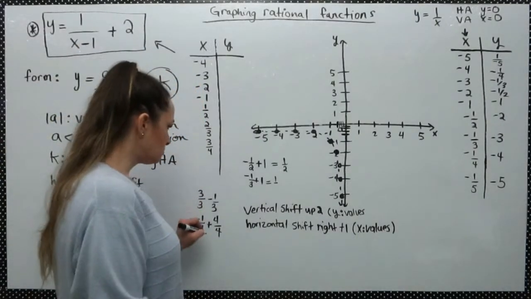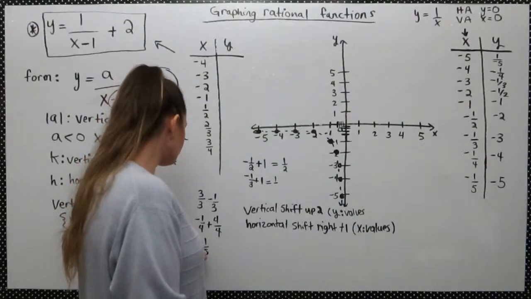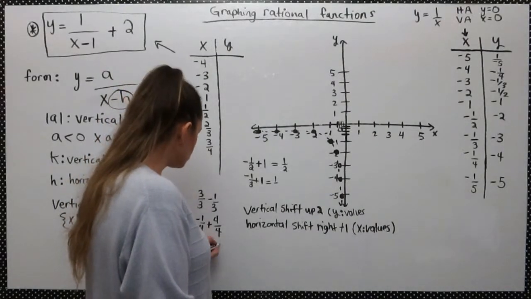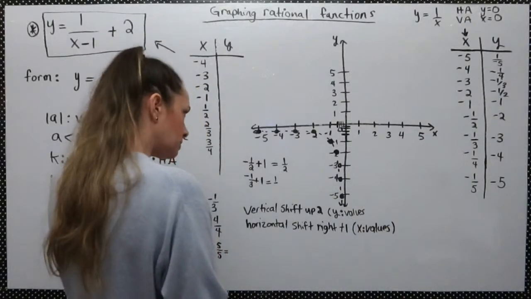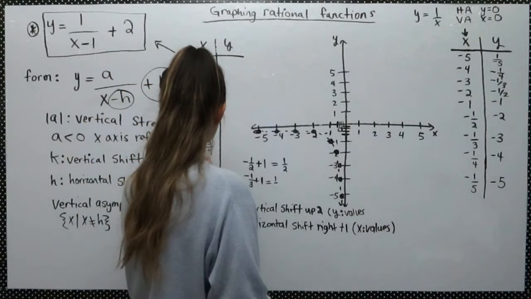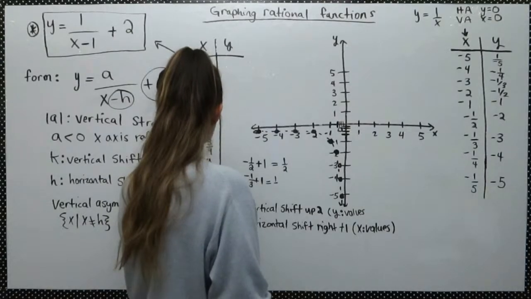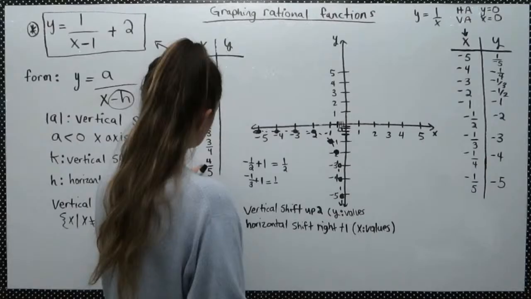I'm just subtracting these. So -1/5 plus 5/5, which is just 1, because all we're doing is shifting these points. That's going to give me 4/5. Right? Yeah, 2/3, 3/4, and 4/5.